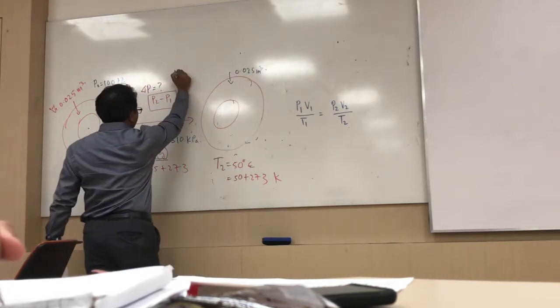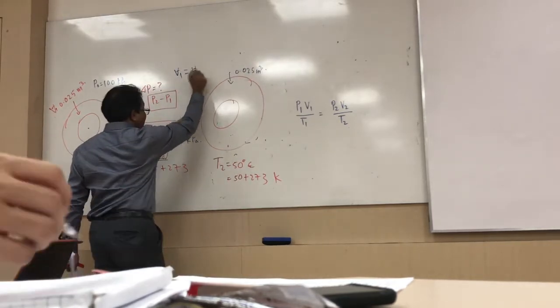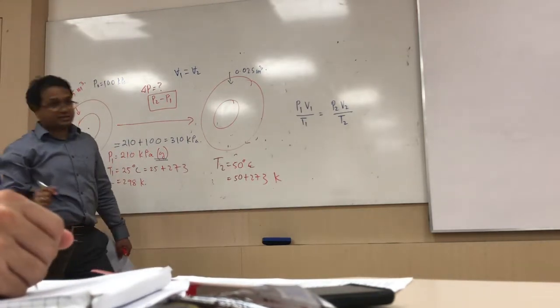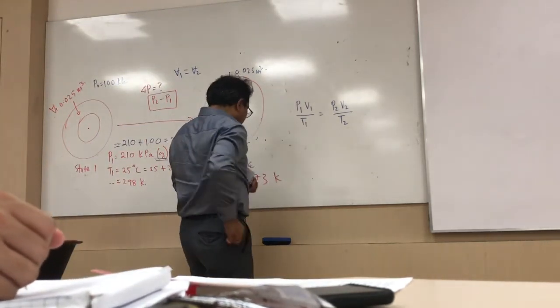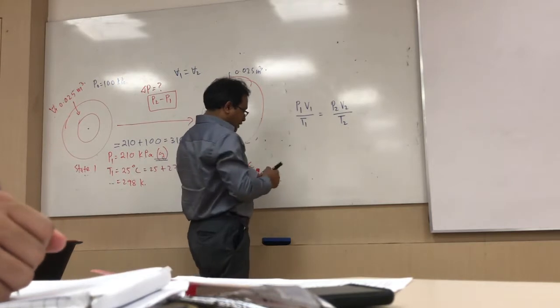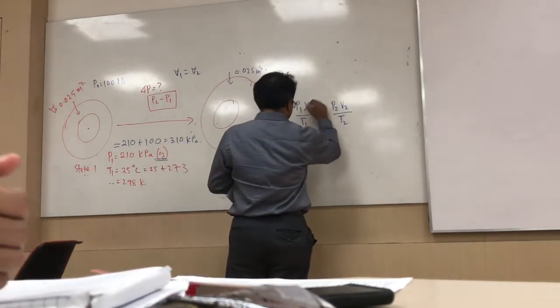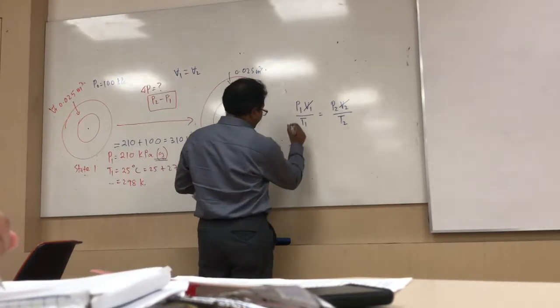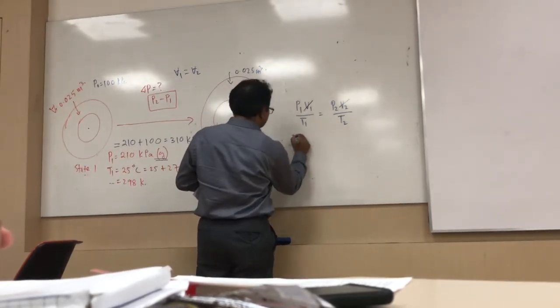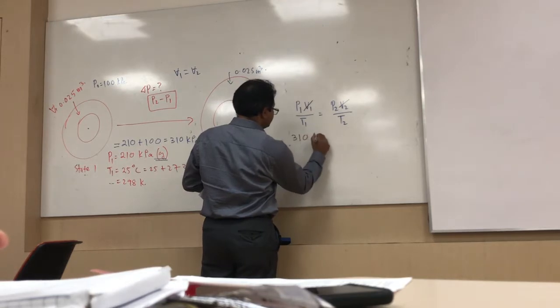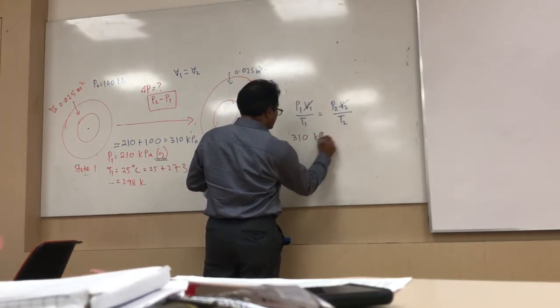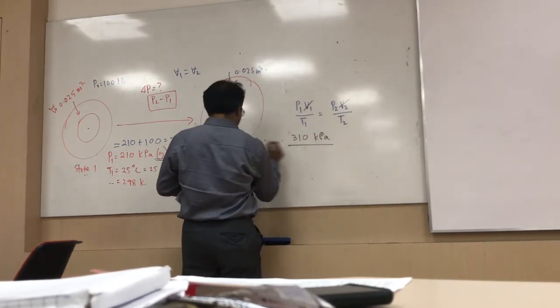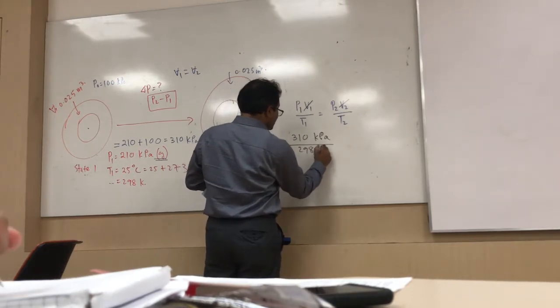That means V1 and V2 are the same, so I can neglect V1 and V2. Now I am going to substitute the data. What is P1? 310 kilopascal. What is temperature T1? 298 Kelvin.